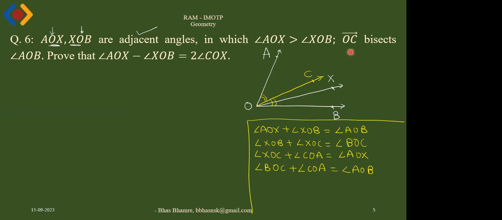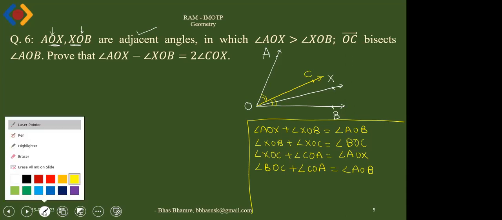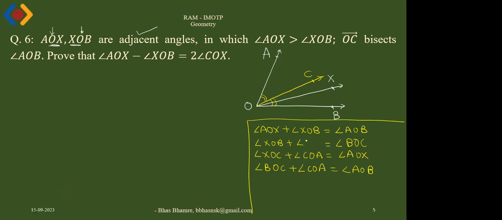Now I am going to consider the meaning that OC bisects angle AOB, and then I will take the LHS and make some adjustments to get twice of angle XOC, or COX. Here XOC is nothing but COX. To avoid confusion, I can write it as COX. That doesn't matter because we do not consider any orientation.